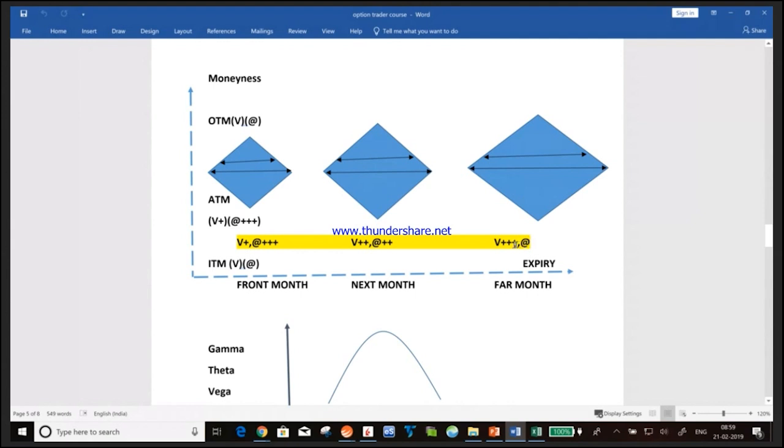That's why we have 3 pluses. That shows higher power. Whereas theta is more in the front month and less in the far month. Got it? It's just a graphical representation. Whatever was there in the slides, I have put it in a graphical form for you to understand it very easily.